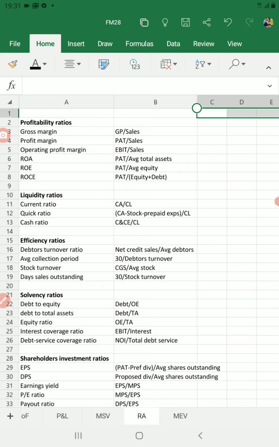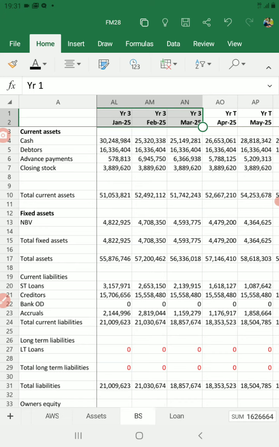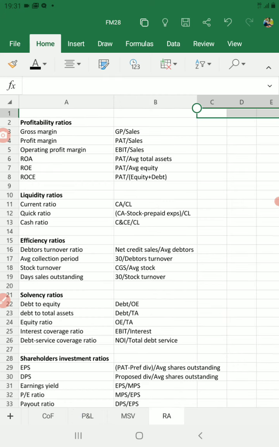And let me go back again there to balance sheet, and then copy this, and then come to ratio analysis here, and then paste this one here, paste this, okay?